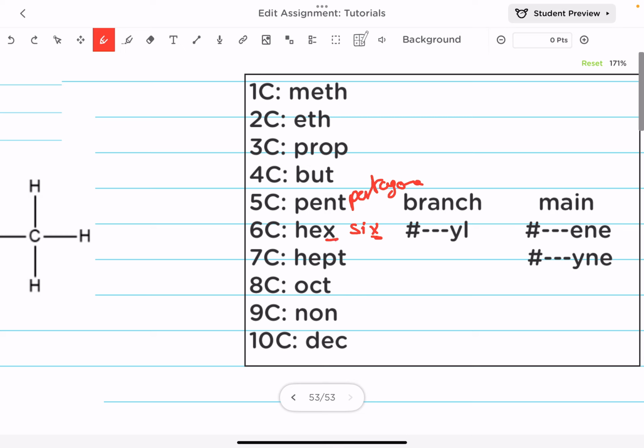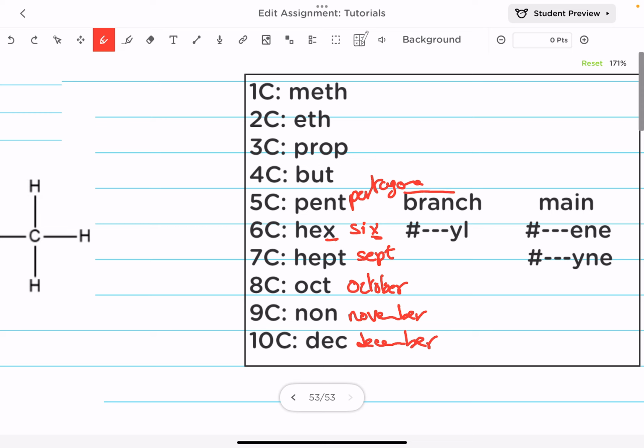Now, hept, oct, non, and dec, remember this: September, October, November, and December. Like this, you can still remember the order of the names of carbons.